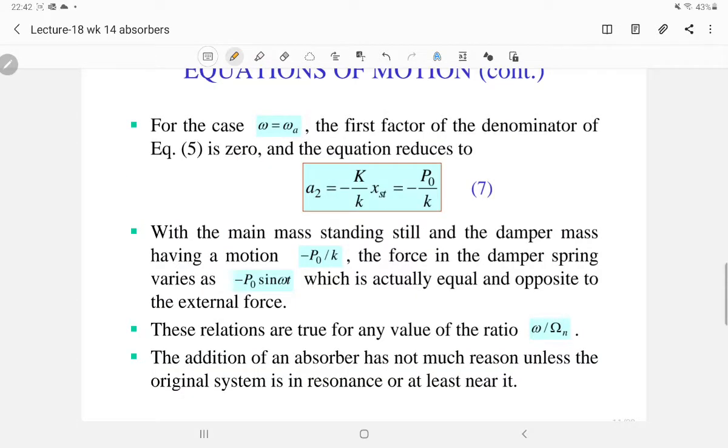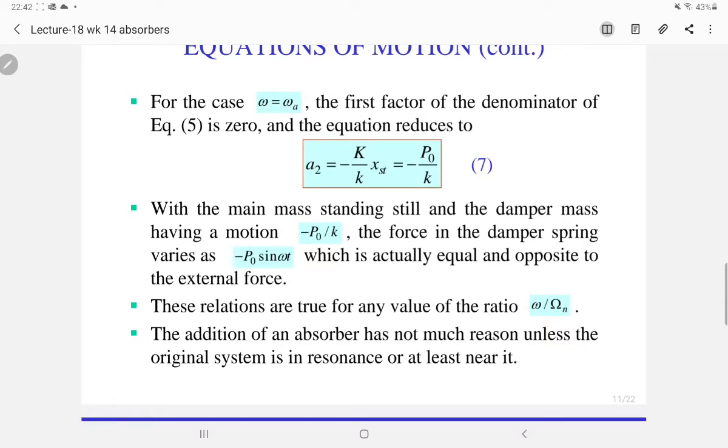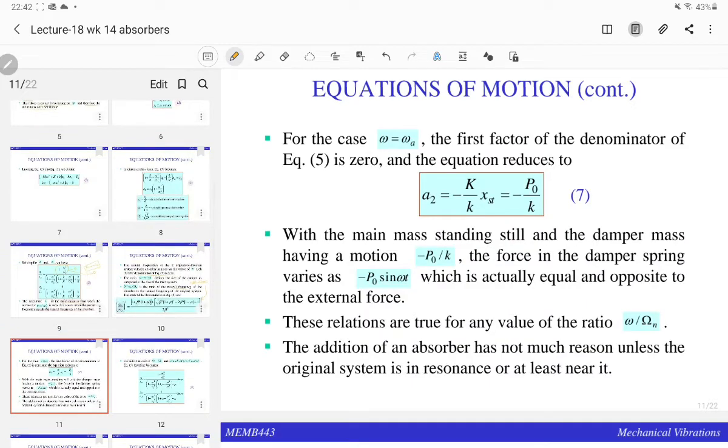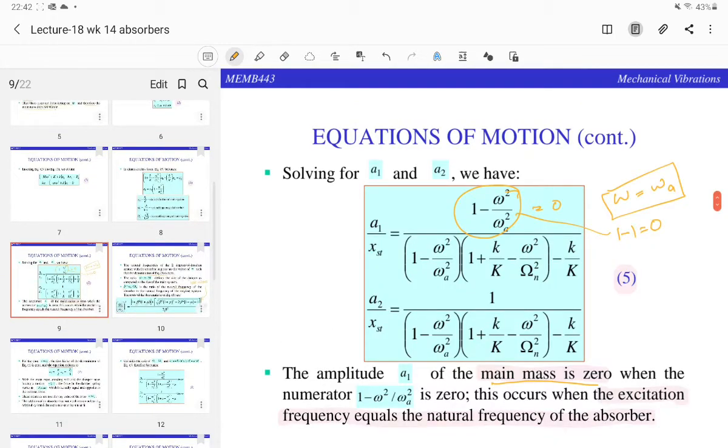If you remember just now, we have the relationship between A1 and A2. Since A1 equals 0, maybe we take a look at the equation just now. If you remember in equation 5, when this is equal to 0, this will also equal 0, but your A2 here is equal to X_ST times negative capital K over small k, which is what we have here.